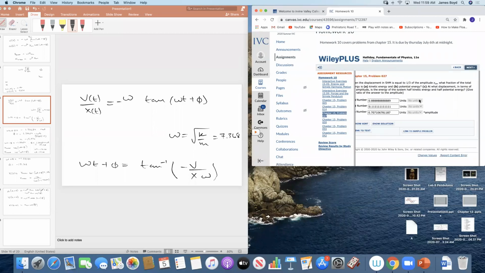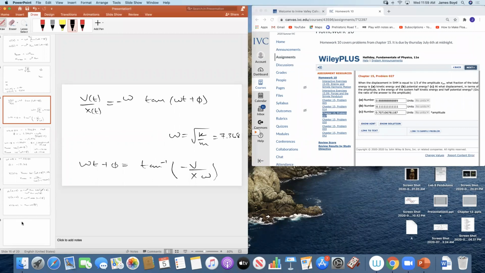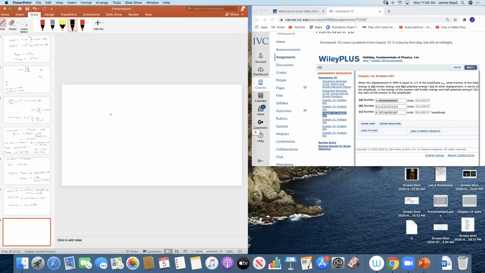Okay, this is a really simple problem that was meant to give you practice with the energy associated with this. Now we know the energy at any time has to be mv squared over 2 plus kx squared over 2 for a spring that can move back and forth, okay?